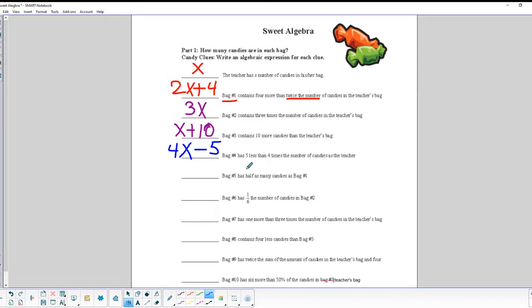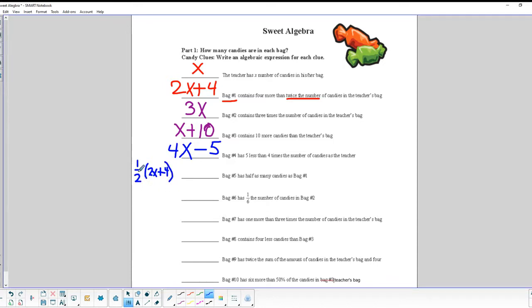All right, number 5. It has half as many candies as in bag number 1. Bag number 1 is up here, so we're going to have half as many candies as there are in bag number 1, which is 2x plus 4. Now look at this real carefully.